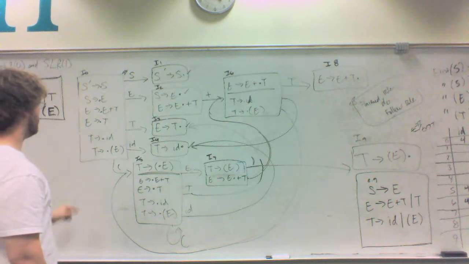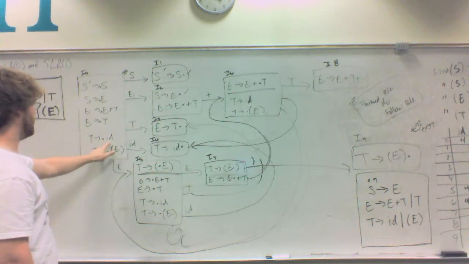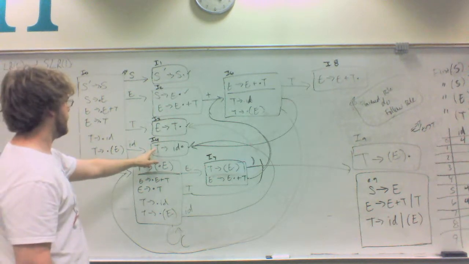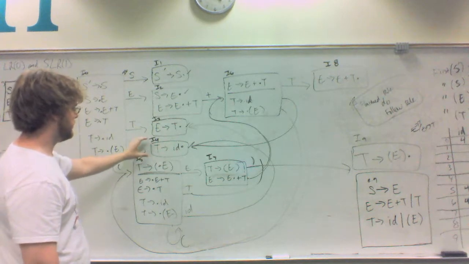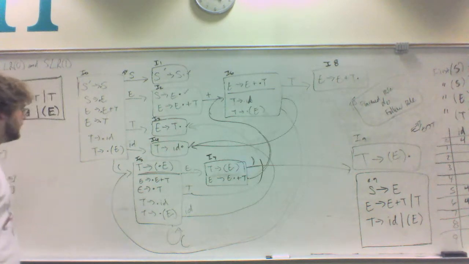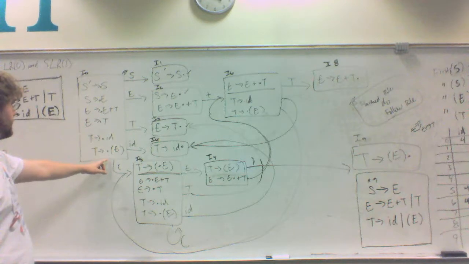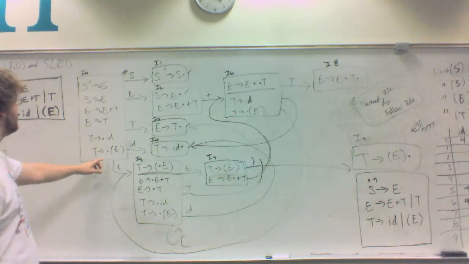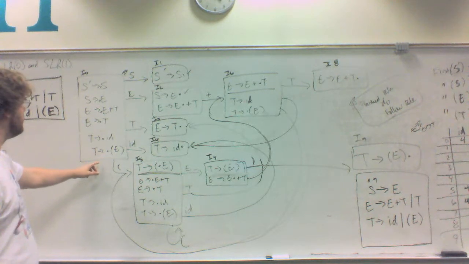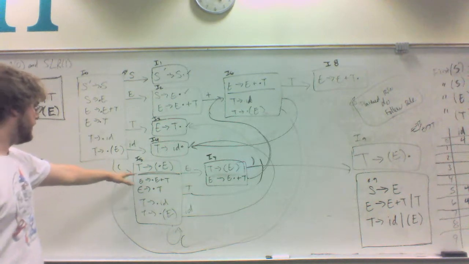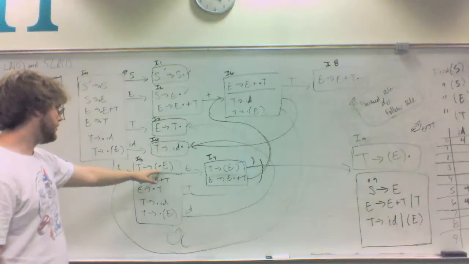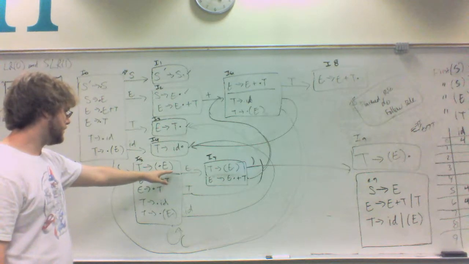The next symbol we can see is ID. That will lead us to node I4, where our T goes to ID dot, and that node is finalized. And the last symbol that we can see coming from I0 would be an open parenthesis, and this will create the rule T goes to open parenthesis dot E close parenthesis.